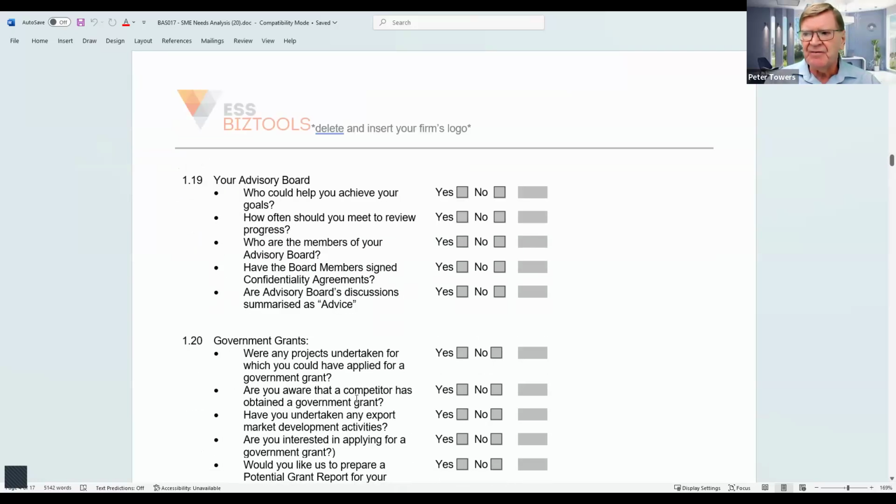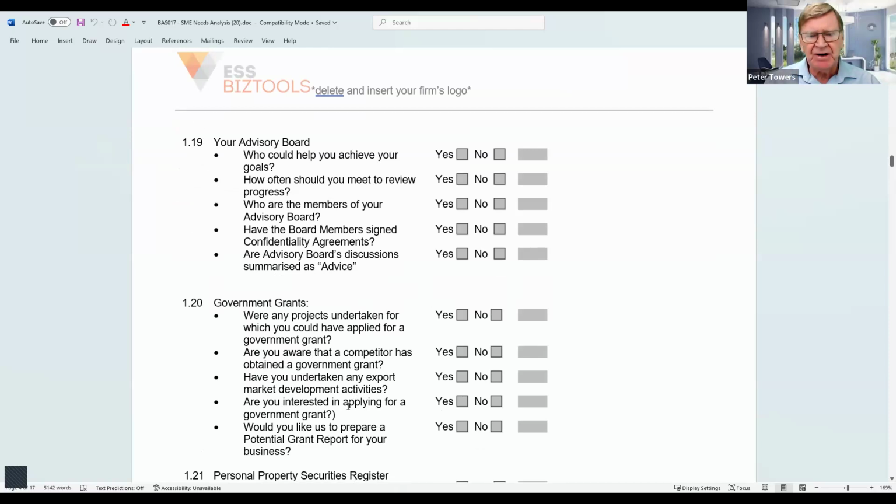Government grants is another very important area that you might like to look at, because grants are very important for businesses to assist them to obtain funding, to implement strategies, and to achieve their targets.